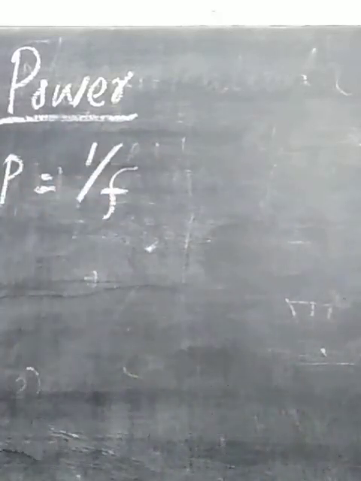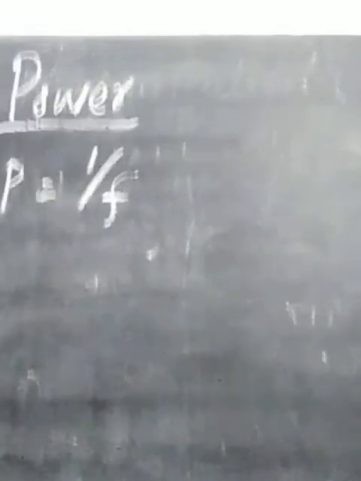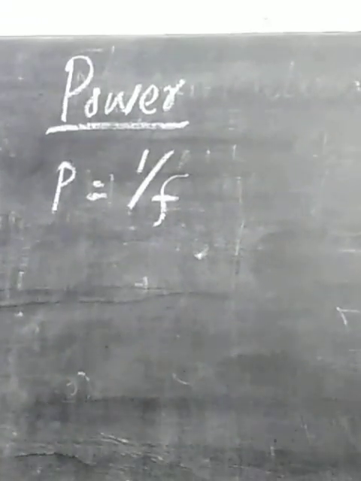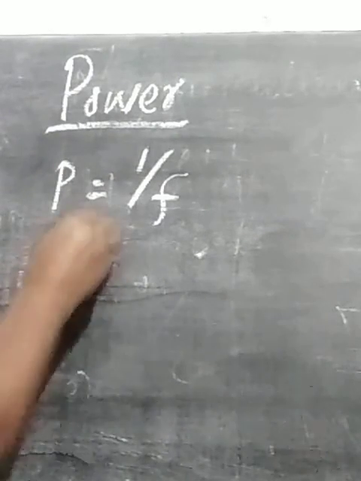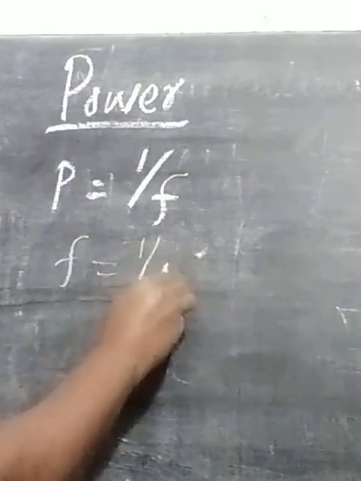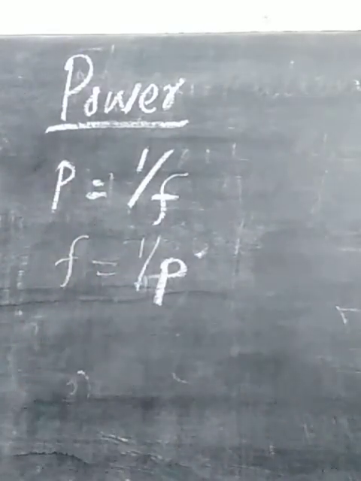We can easily calculate the power by using the expression: power is the reciprocal of focal length, or P is equal to 1 by F, or F is equal to 1 by P. So one is the reciprocal of the other.